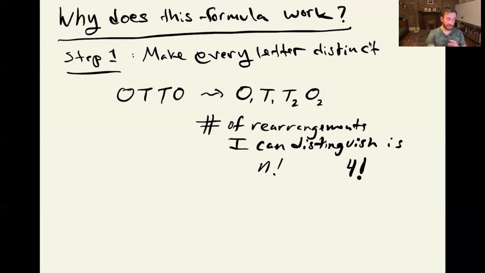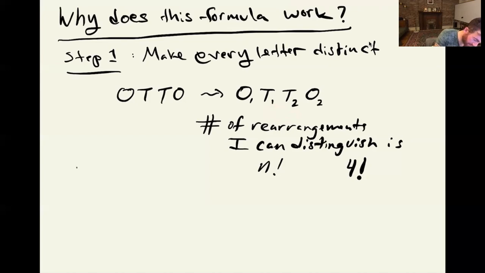Now, I need to recognize that this number of permutations is overcounting certain permutations. In particular, in reality, I can't tell when I switch these two T's. The only reason I can tell is because I added a little 1 and a 2 next to each of them. So step 2 is very simple.